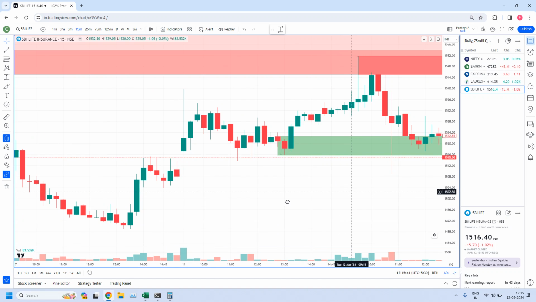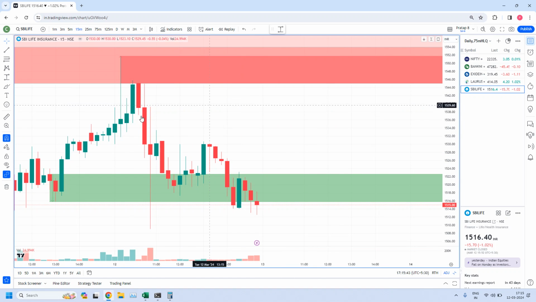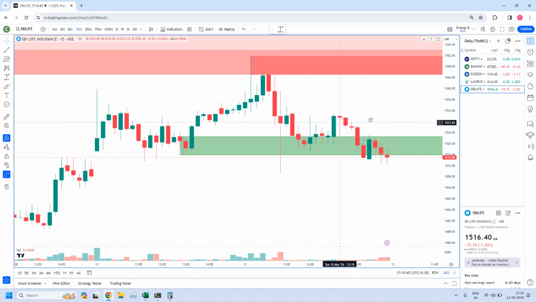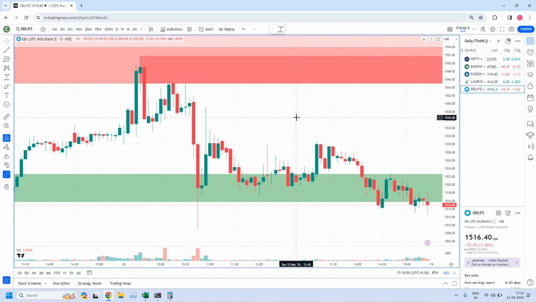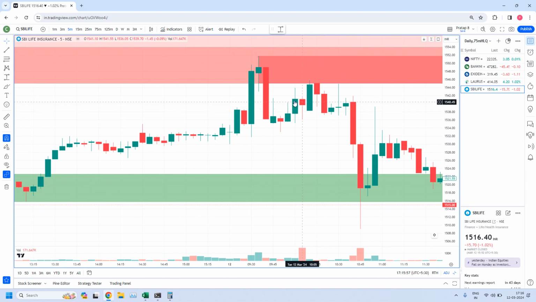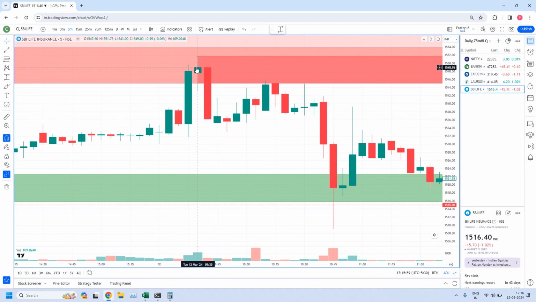So they would have got a profit here. In the retracement, who has considered the wick to wick, the 5 minutes trade, this is a wick to wick you considered.